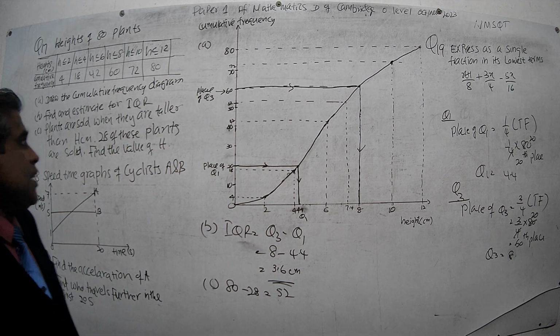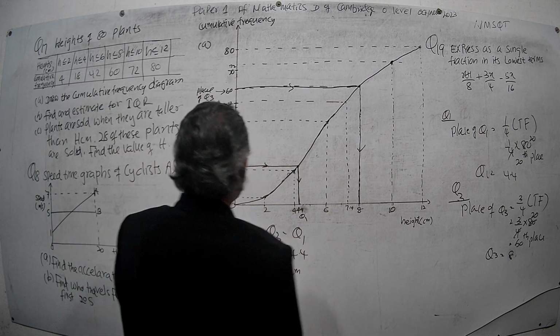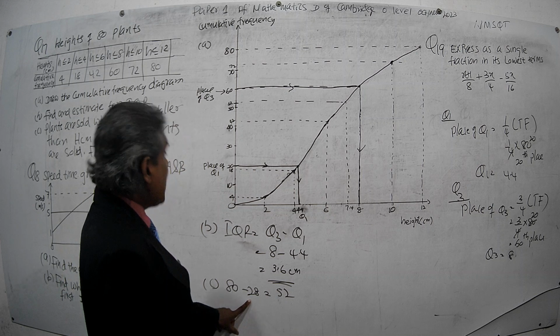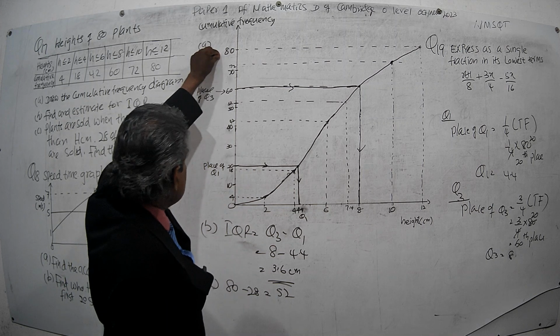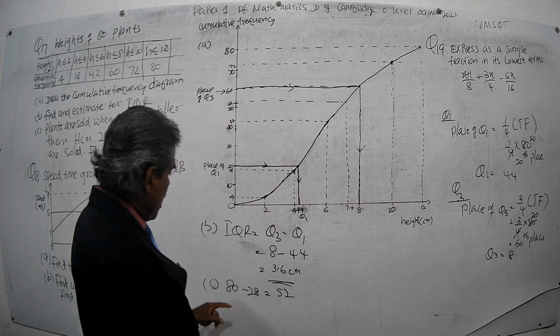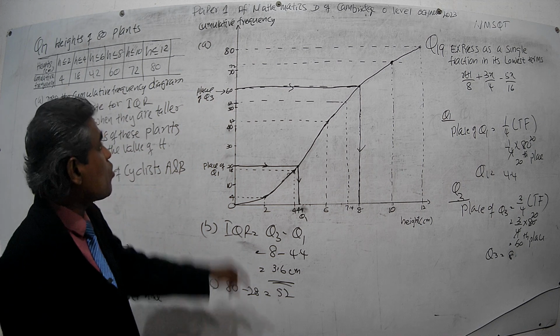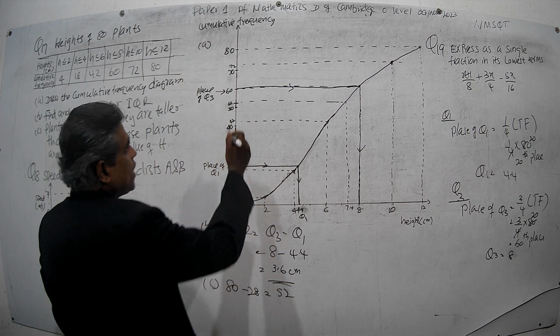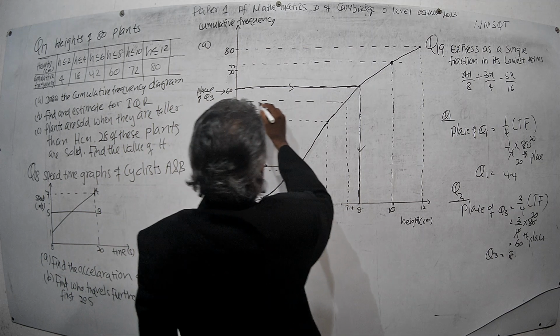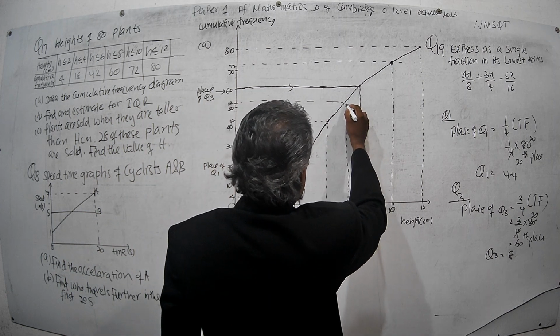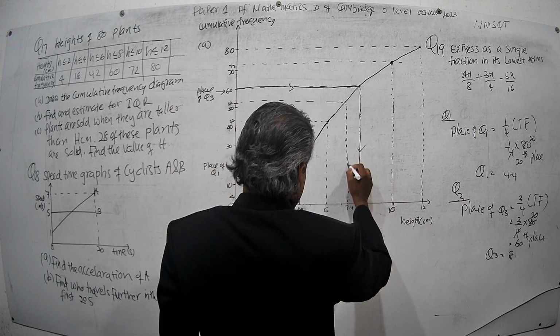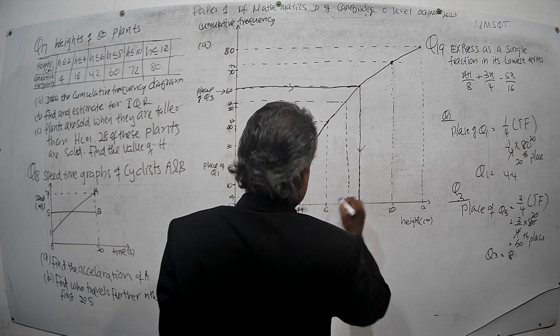Anyhow, after counting down this 28 from 80, it was 52. Then you go to this 52 level like this. Then that is 7.4.